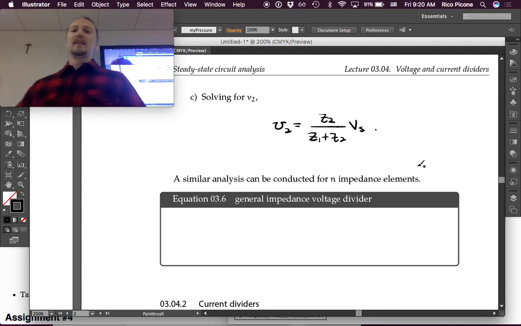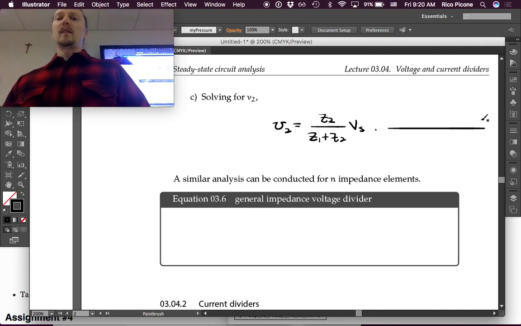So this is the two-element voltage divider equation.